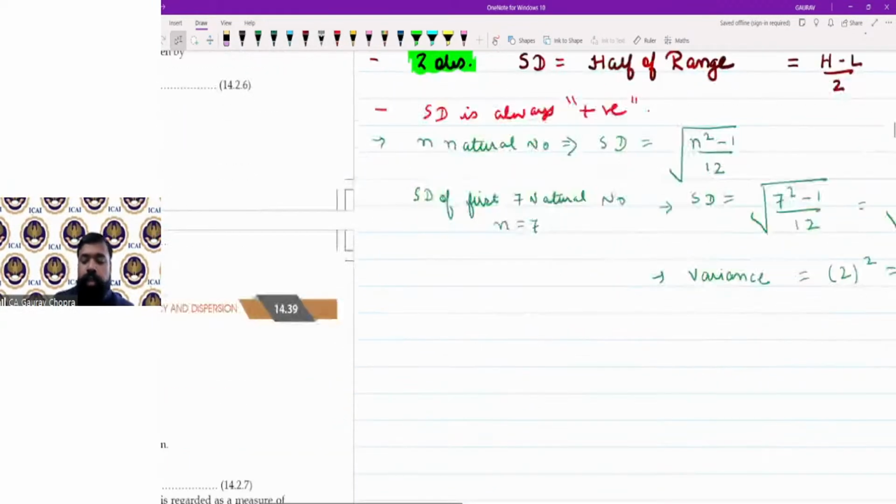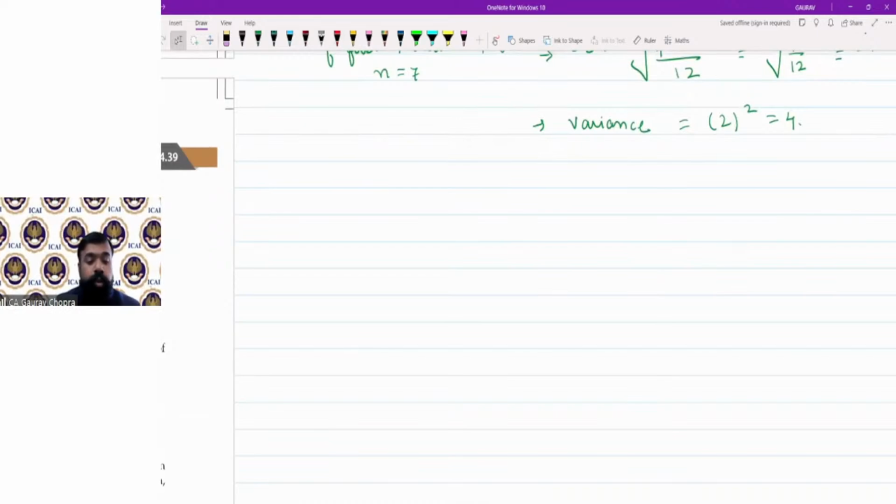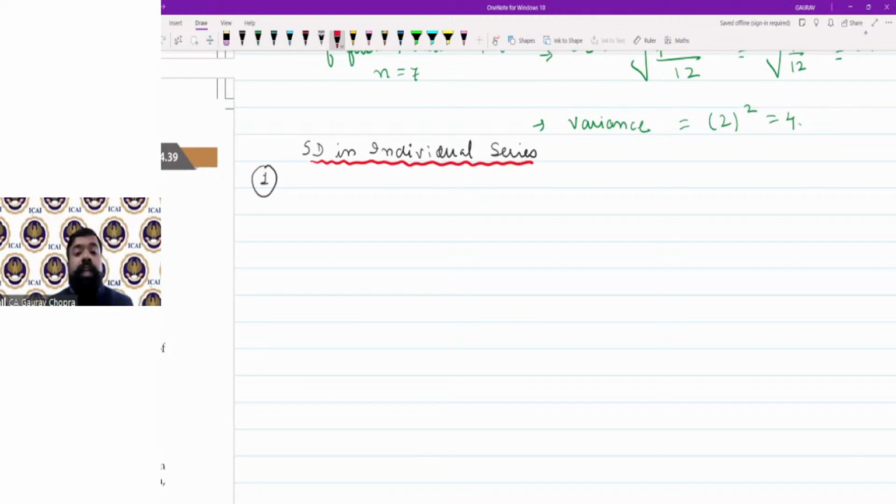So now let us move on to the other formulas. We can write the first method to calculate standard deviation in individual series. What is basically an individual series?